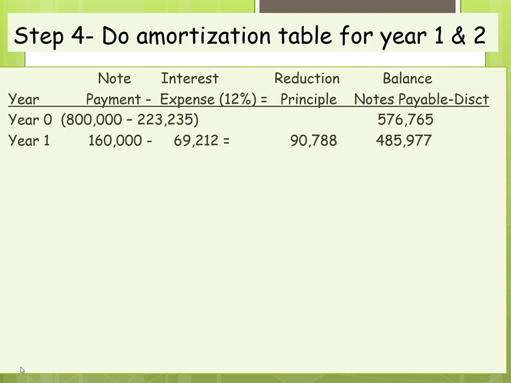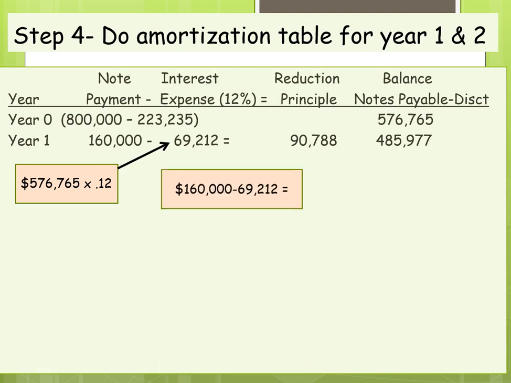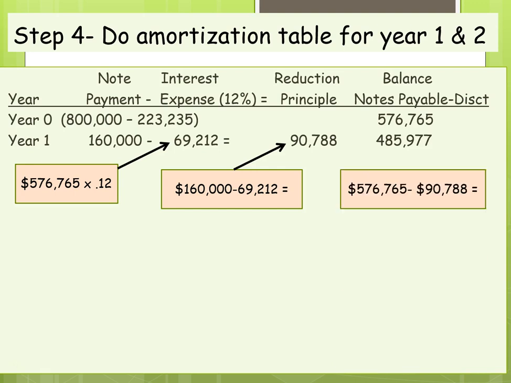So for year 1, we take $160,000 minus $69,212, which is the interest expense, $576,765 times 12%. And then we have $160 minus $69,212. That gives us a reduction of the principal. And now we end up with the net book value of our note of $485,977.